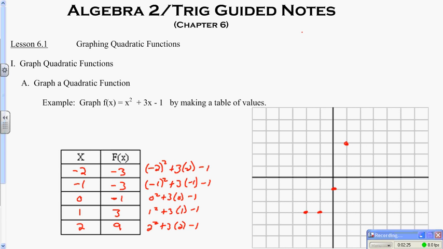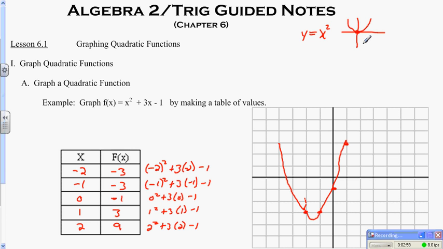Now we know that y equals x squared is the parent function for parabolas, and that one is centered over the origin, opening upward. This one has been moved. Now if you notice, this would come down. I don't know where yet, we're going to learn that later, but it would come down and go back up like that.